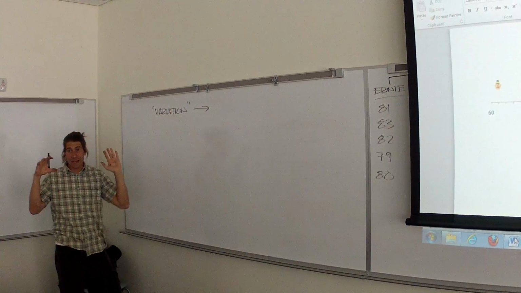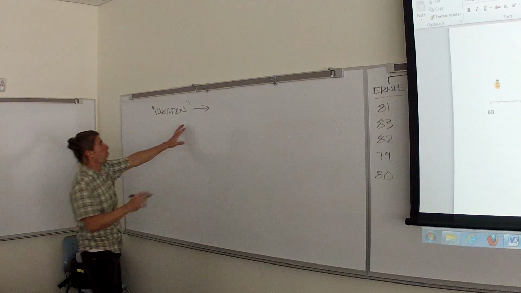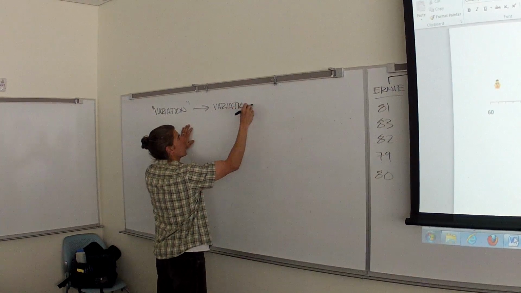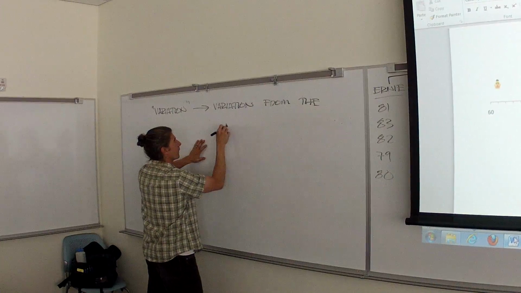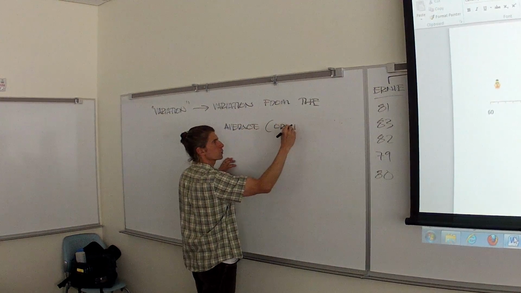And then once you understand how it implies in this class, you'll be able to take it to anything else. We're going to be talking about variation from the average or mean. Or mean, which is the same thing.